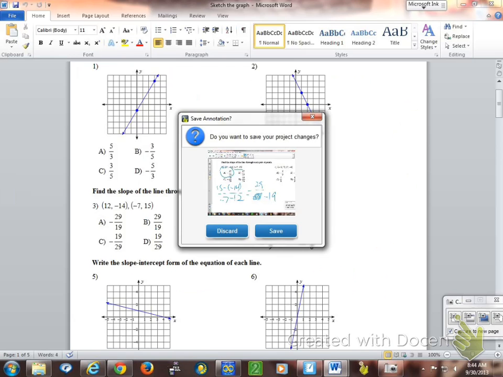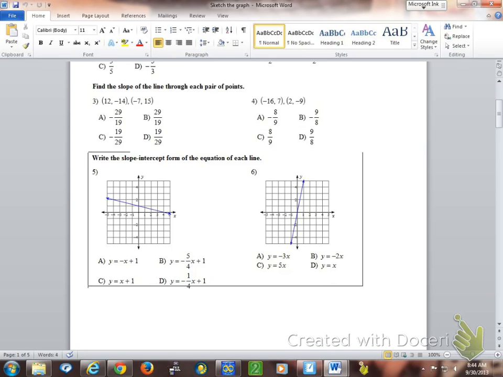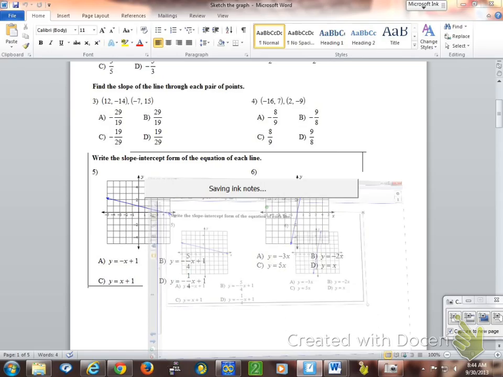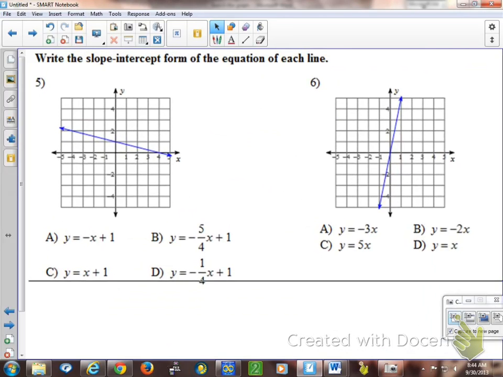Minimize. Discard. All right. Ooh, slope intercept. These are fun. These are the ones that we butchered that day we did stuff on those marker boards. Slope intercept form is y equals mx plus b, where m is slope and b is y-intercept.